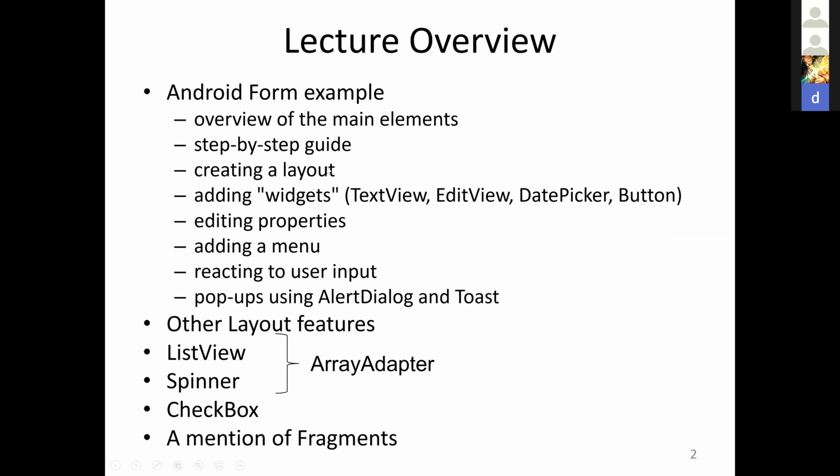We looked at how you create the layout, how you add such things as a button, the picker, edit view, and such. We also talked about how you edit properties and how you add menus as well. This is where we went up to, because we had looked at the issue of user input, and another dialog and a post we had created.